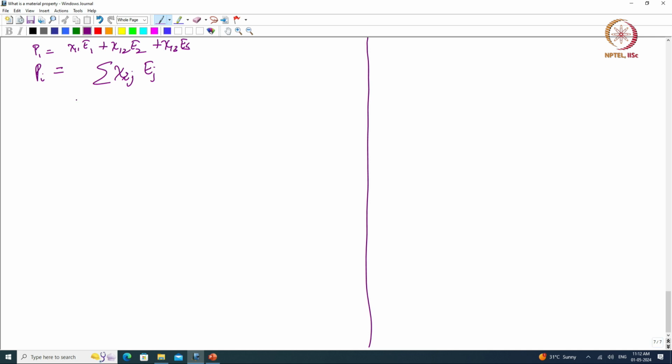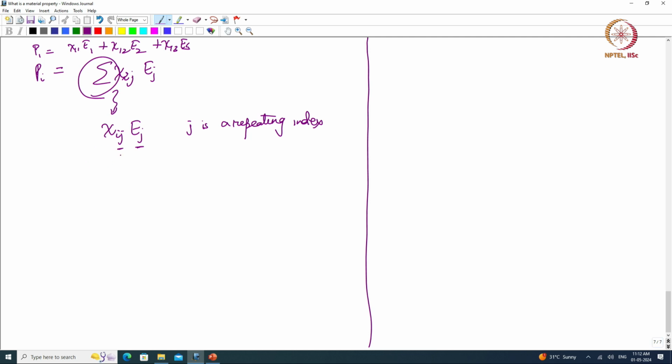But then we have some brilliant scientists such as Einstein who say, let us not even carry this sigma. Let us just write it as chi_ij E_j, with an understanding that if I have an index that is repeating, I sum over it. j is a repeating index, so I sum over j.